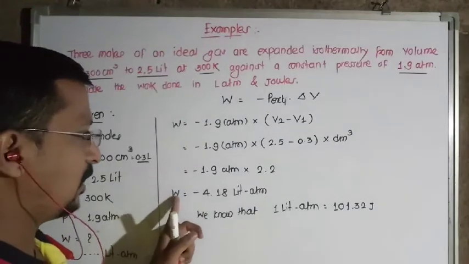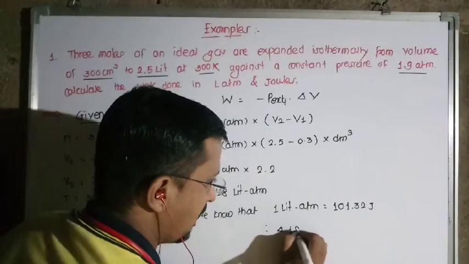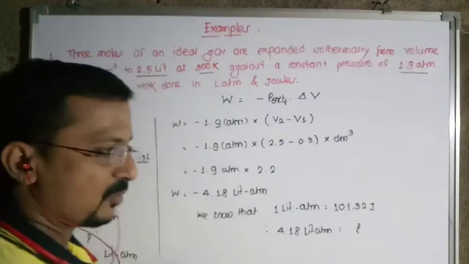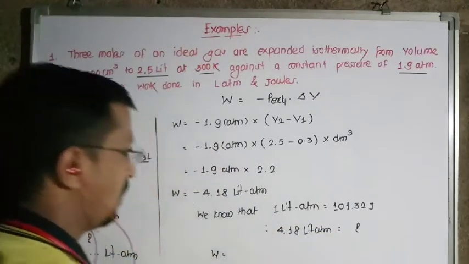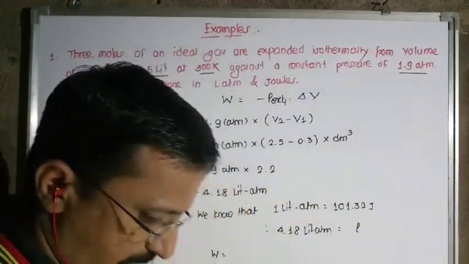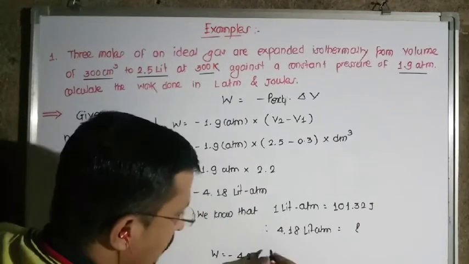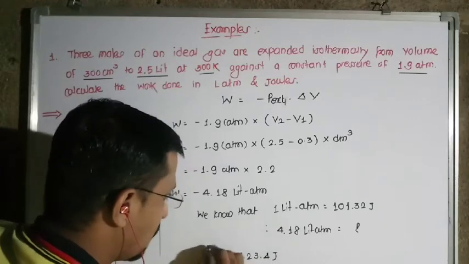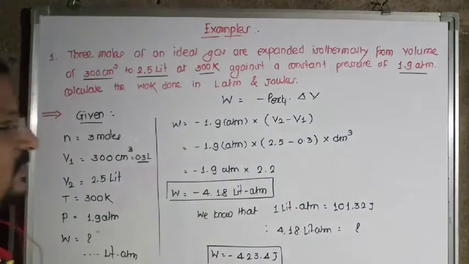So I have to convert 4.18 liter atmosphere. If you cross multiply, the work obtained will be in joule, and the work we calculated is minus 423.4 joule. This is the work done in joule, and the earlier work done is in liter atmosphere.